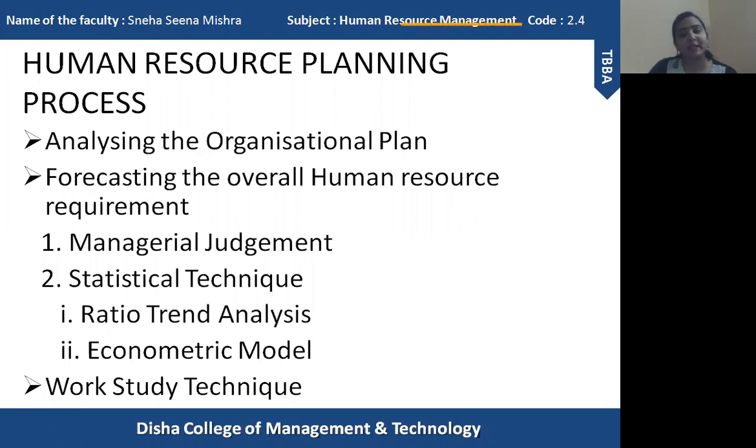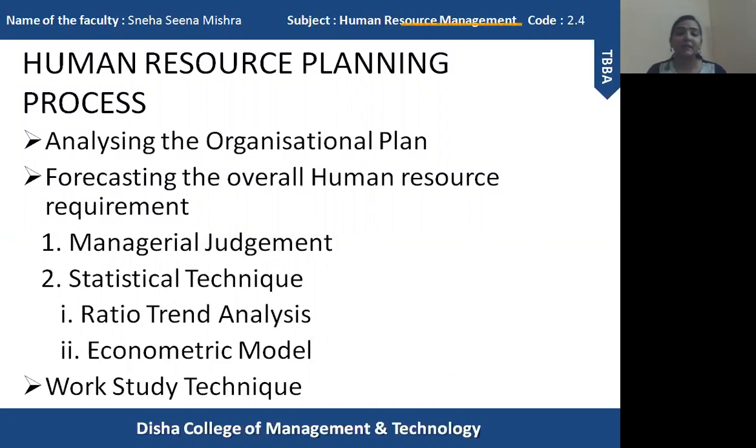In ratio trend analysis, what happens? They find the ratio on the basis of past data, past information. That is, how many people were working in a particular time period, what the production level was in that time period, what the work level was, and how many hours they put in so that the workload and activities were completed in the past.